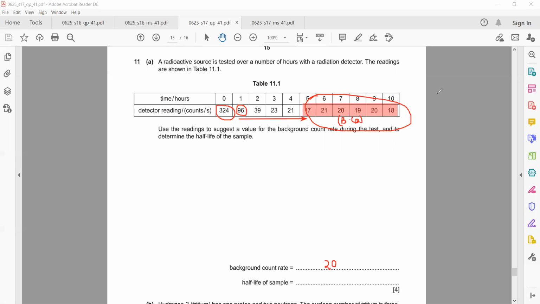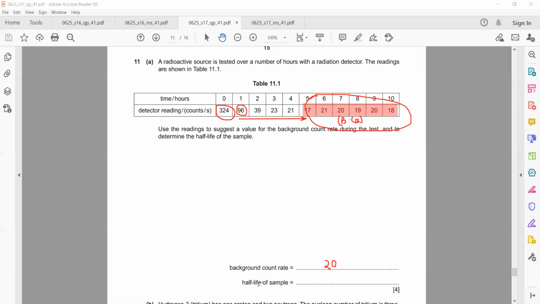So as the source is completely stable, what happened? The only radiation the detector will record is due to the background. So you can take an average or you can use any value from this as a background rate.